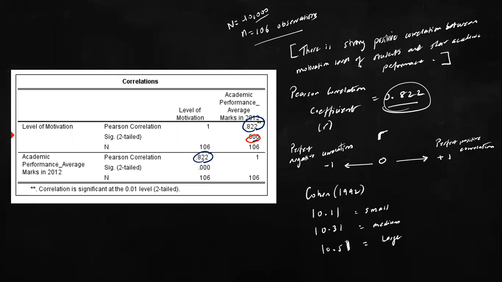Now, what's the first part of interpretation? Now, this statement is valid only for our sample, isn't it? At least as of now. So whatever we can conclude here based on the Pearson correlation coefficient pertains to our sample.